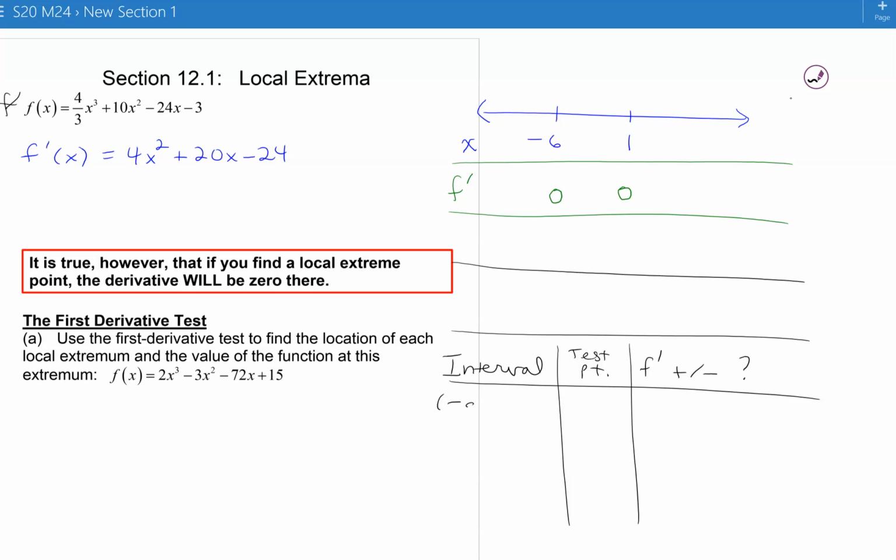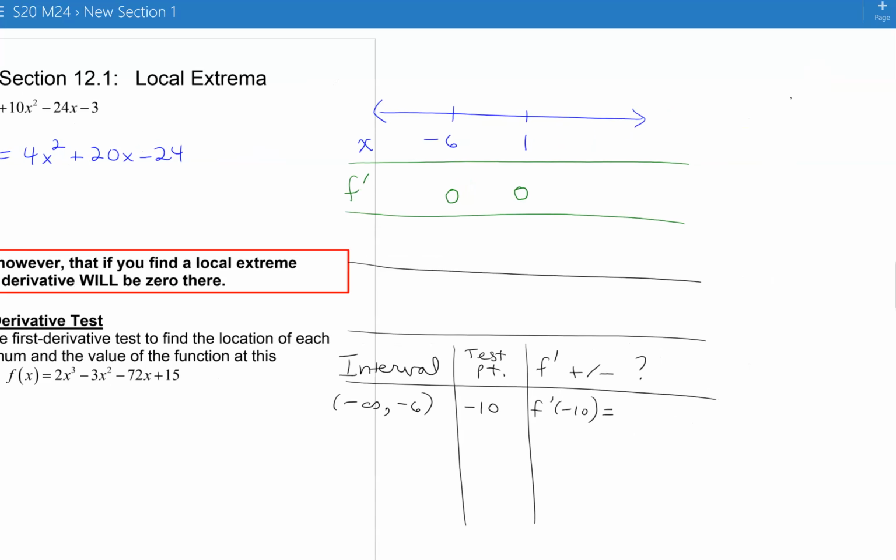So our first interval is from -infinity to -6. So I'm going to use -10. And I want to calculate f prime of -10 and see if it's positive or negative. So I'm going to have 4 times negative 10 squared plus 20 times negative 10 minus 24.